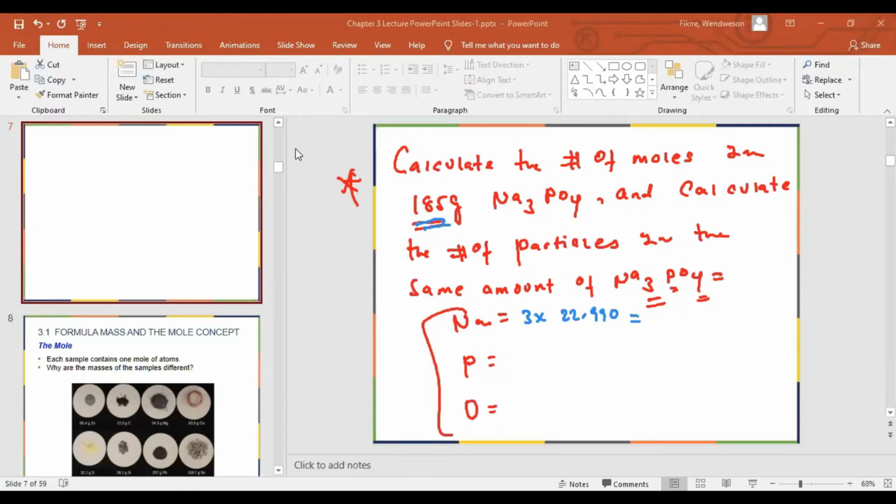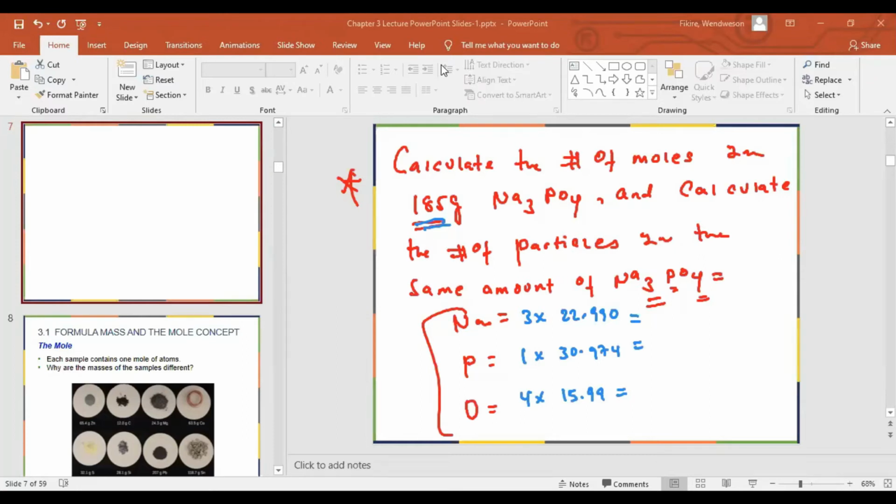Then we have 1 phosphorus atom, which is 30.974. And we have 4 oxygen atoms, so that's 15.999 times 4.